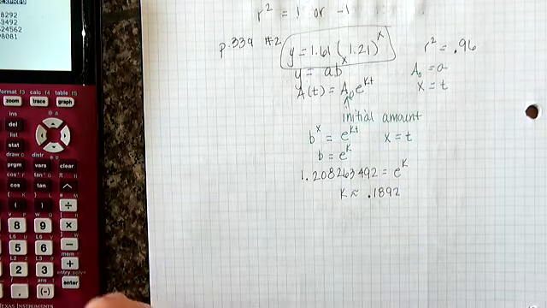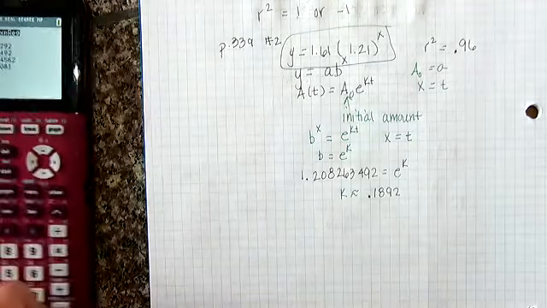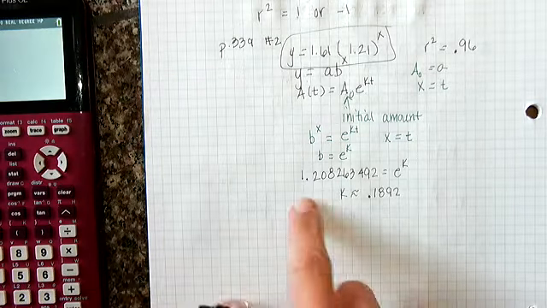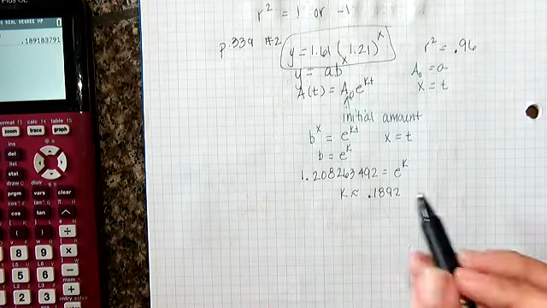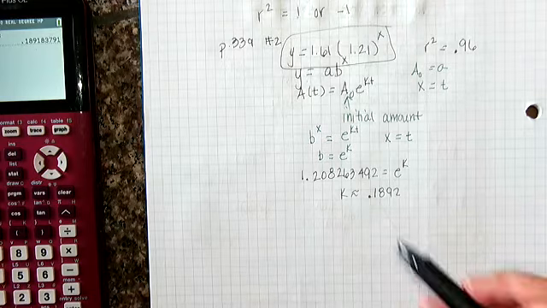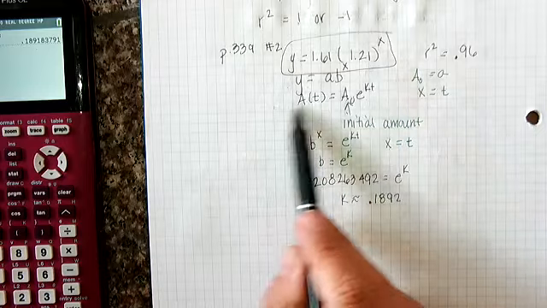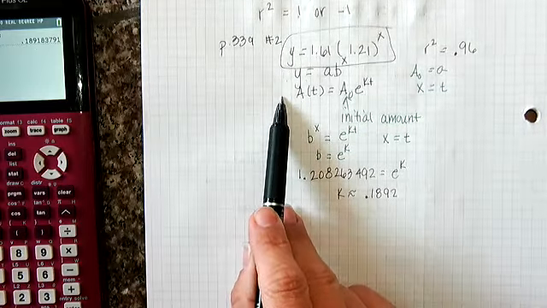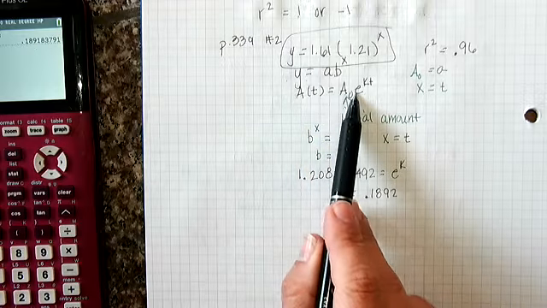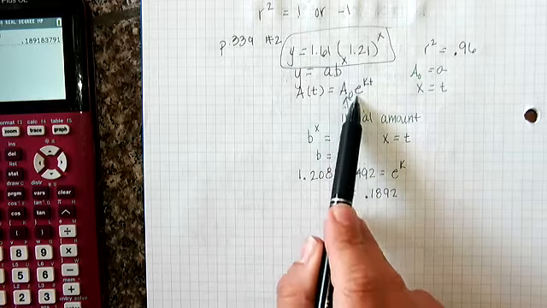Plug into your calculator the natural log of 1.208, blah, blah, blah. It's 0.1892. So exponential form, and I honestly don't know what the name of this form is. I don't know if they call it growth form, decay form, whichever. It is exponential of a sort, but here the base is b and here the base is e.